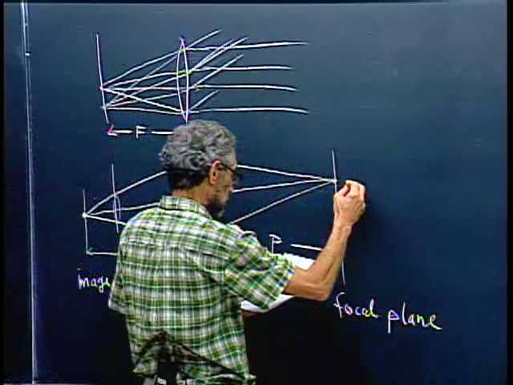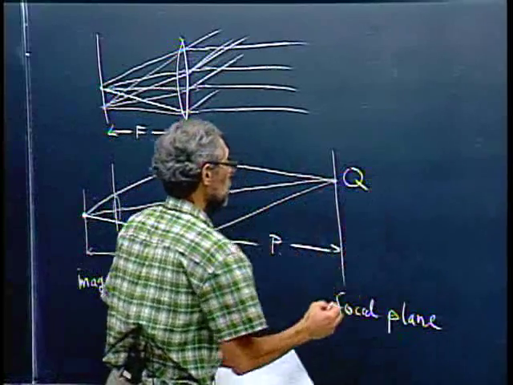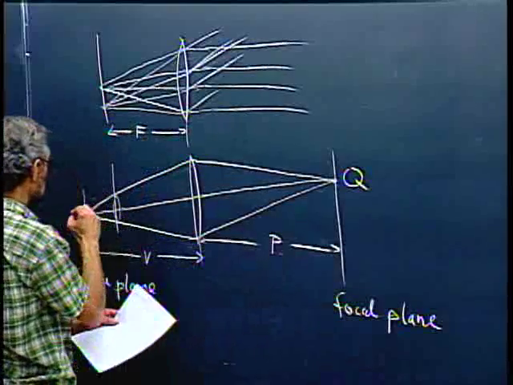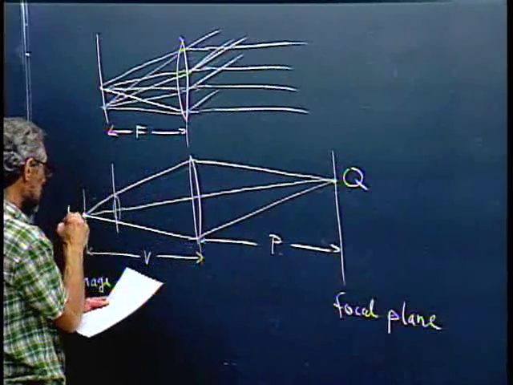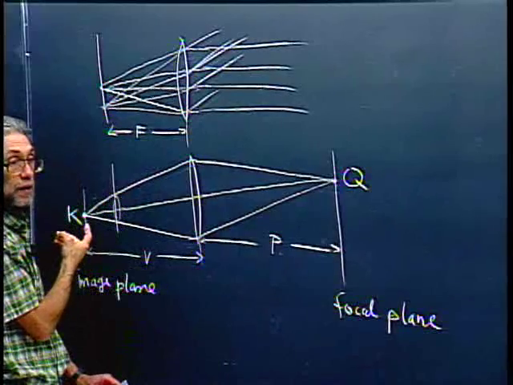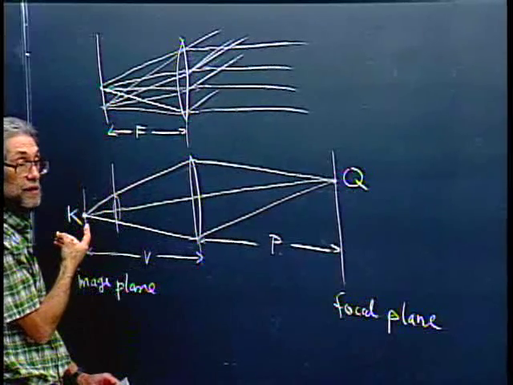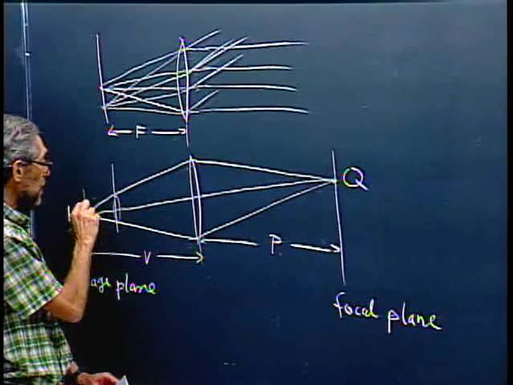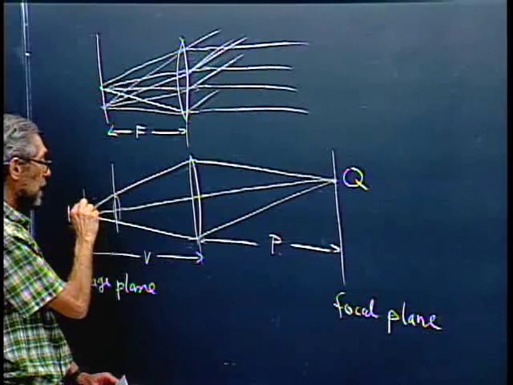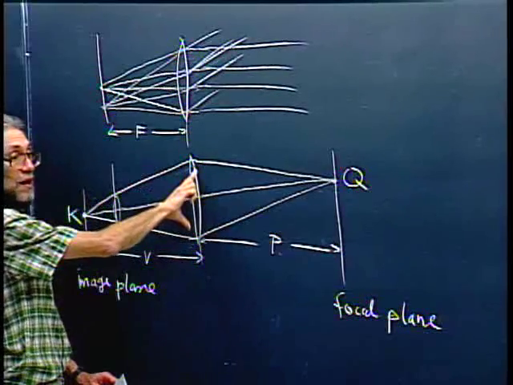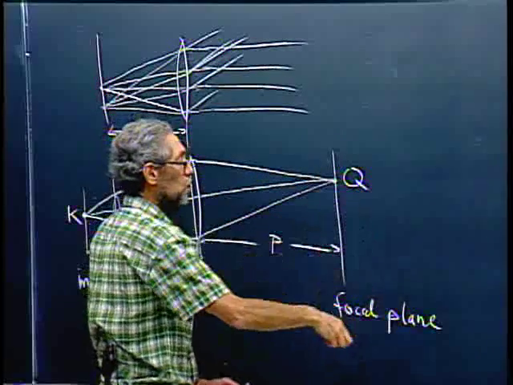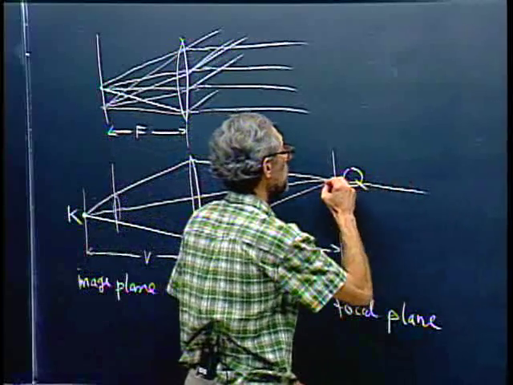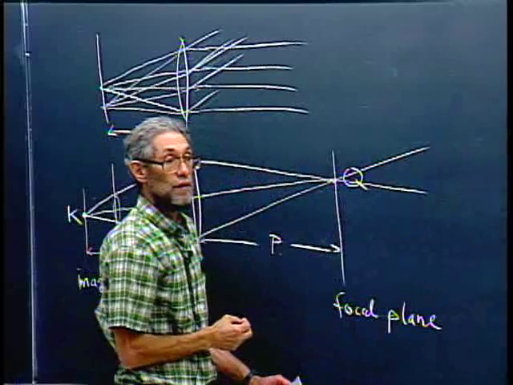So let me take this point Q on the focal plane, that this point in the image, why don't I call it K, corresponds to. So we have a cone of rays coming out from K to the lens, and then that cone comes back together again at the point Q, and then continues opening up again past Q.